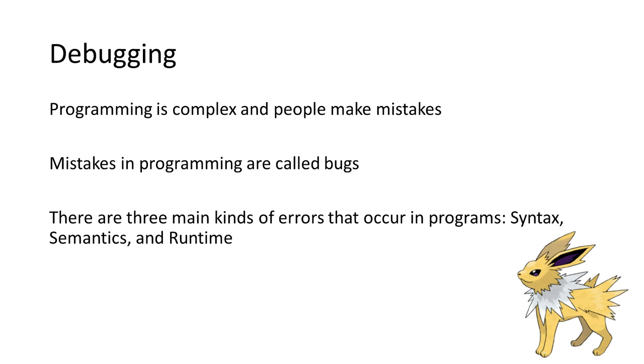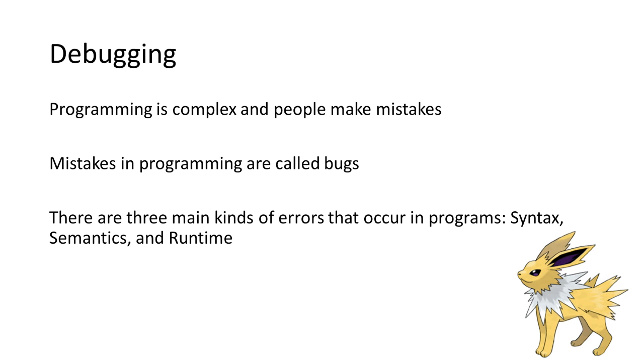Now, programming is a very complex process, and people make mistakes. In fact, mistakes in programming are incredibly common. Mistakes in programming are called bugs, and this goes back to the 1950s, when computers were made of walls and walls of vacuum tubes. A group of researchers had programmed a program into the computer, but it wasn't working, and they couldn't figure out why. They double-checked all their code, and it was correct.